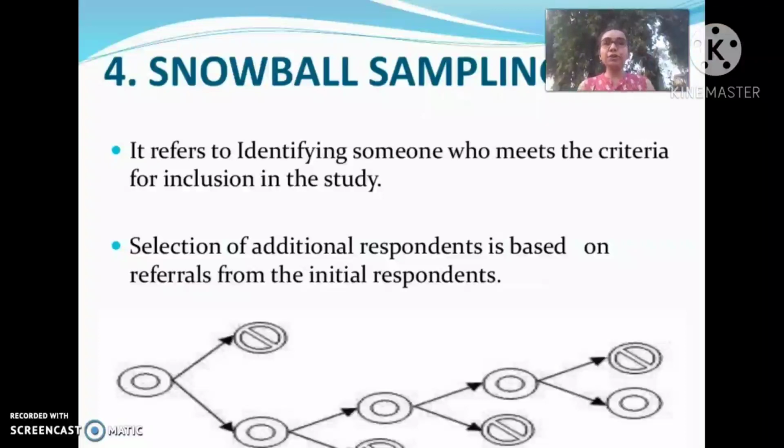If we want to study the health effect of cigarettes on some smokers, in that case we don't know people who are smoking regularly, frequently or sometimes. If we know a few smokers in the society, we can get information about other smokers through those particular samples, and that way we can have a larger number of smokers in the society, and our sample becomes larger and larger after collecting data from individuals gradually.